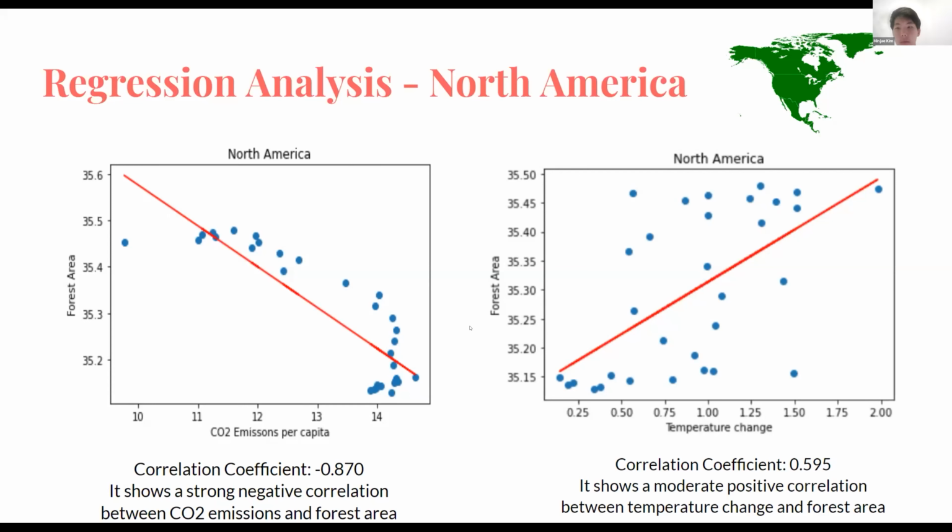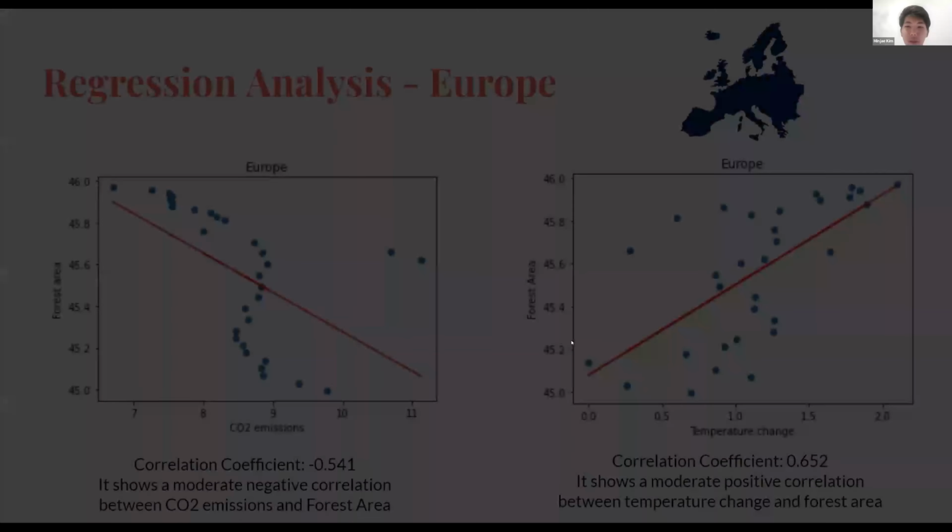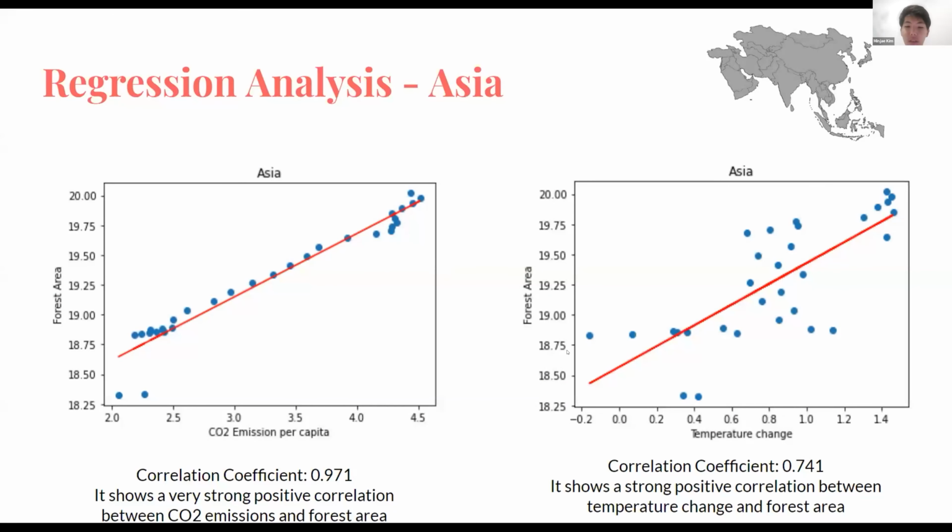Mm-hmm. And then when you increase the forest area, the temperature also increases. What? So the forest area increases and the temperature also increases? Yes, for North America, Europe, and Asia, it showed like that. How come?